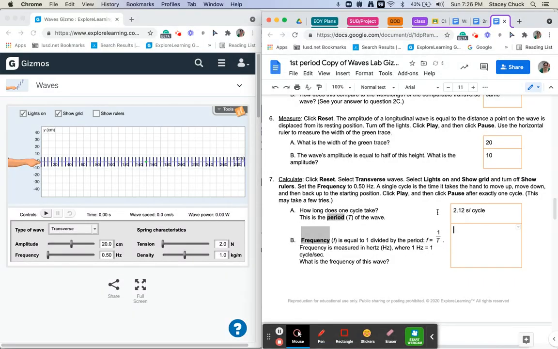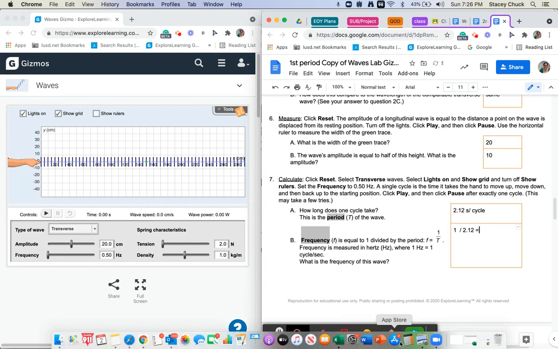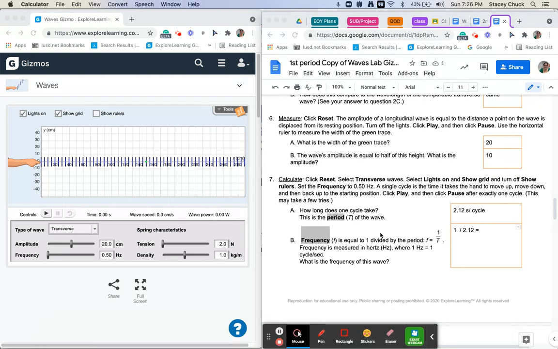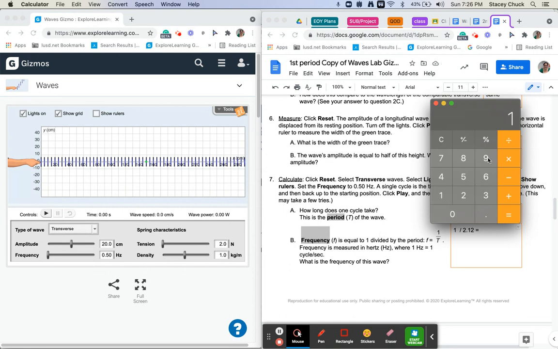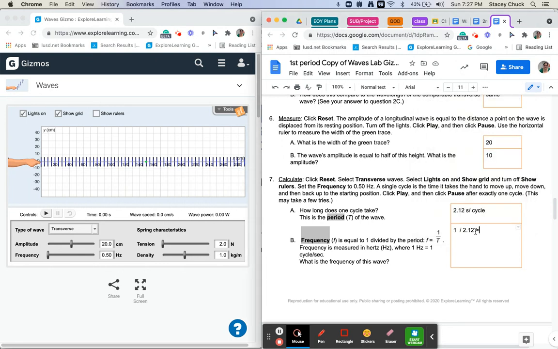And that would be equal to, bring up my calculator here, 1 divided by 2.12 is 0.47. So 0.47 is the frequency I'm getting.